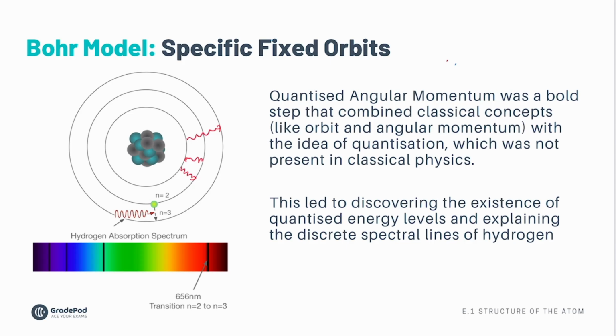And that allowed us to describe the spectra, which we talked about before. So this was a really exciting discovery that Niels Bohr made when he said that angular momentum was quantized inside an atom, because it allowed us to say, okay, I think we do have specific fixed orbits. And the spectra was experimental proof of that. But it allowed him to take one step further.